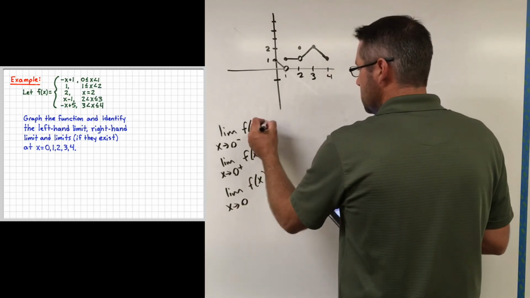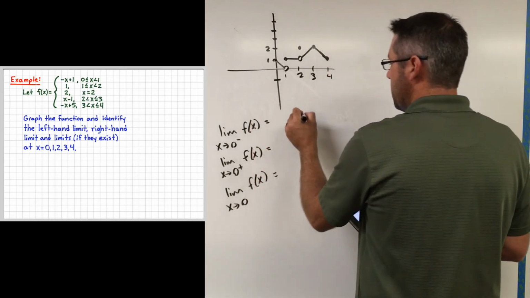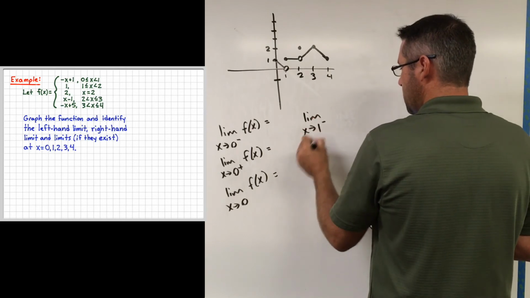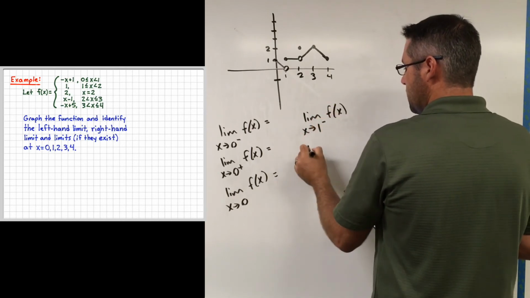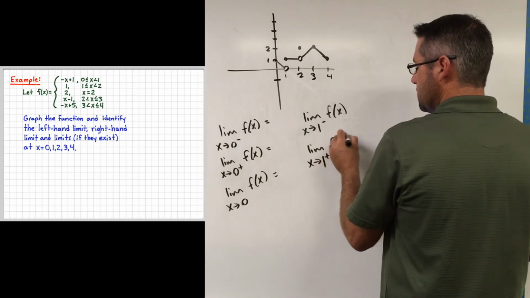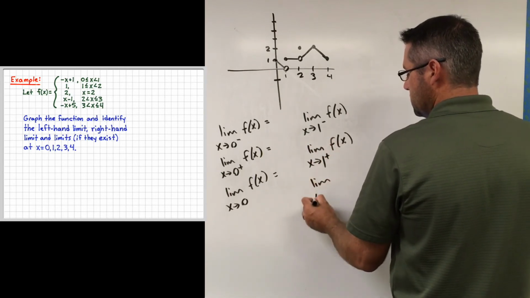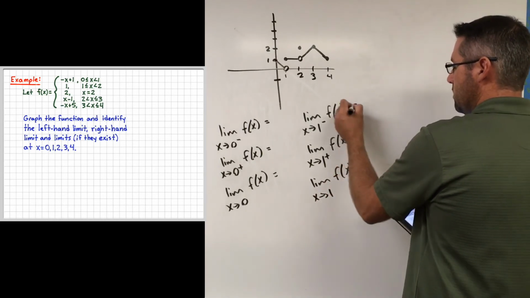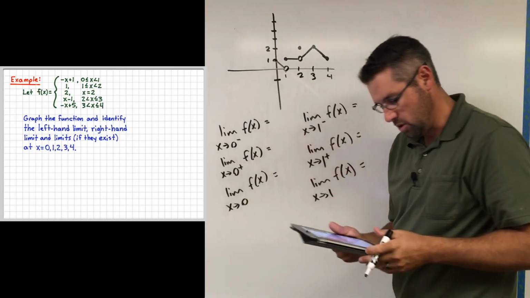Okay, just limits. So I'm going to just write all these out. The limit as x approaches 1 from the left of f of x, the limit as x approaches 1 from the right of f of x, the limit as x approaches 1 of f of x. So we'll do these 6 here.